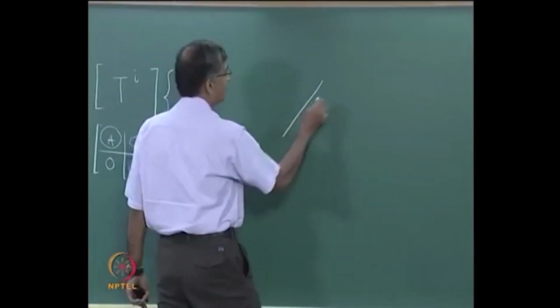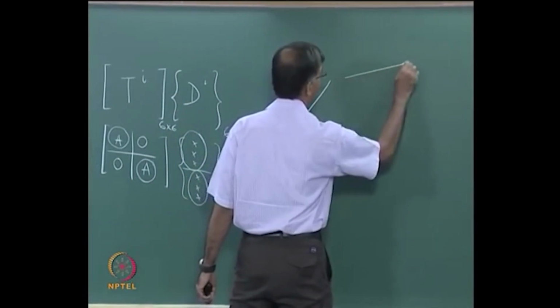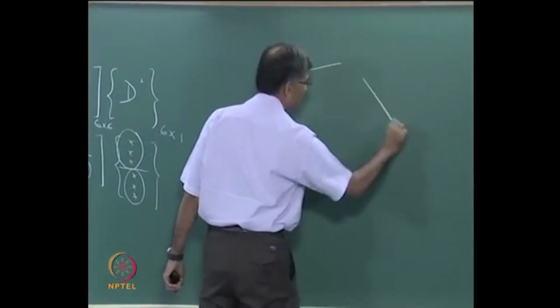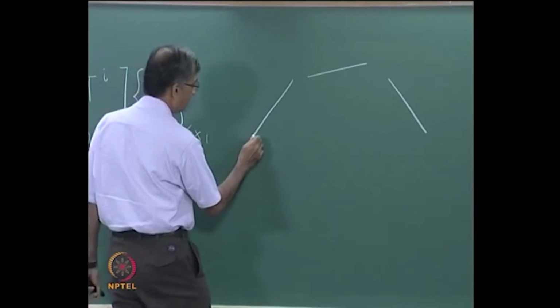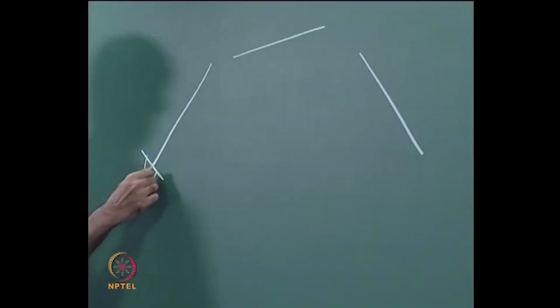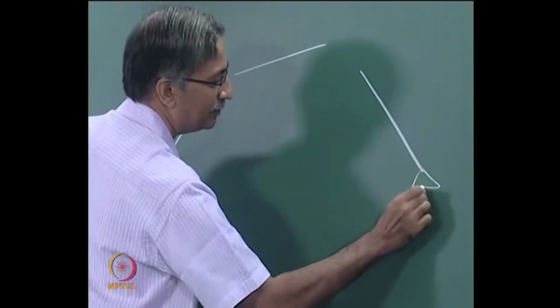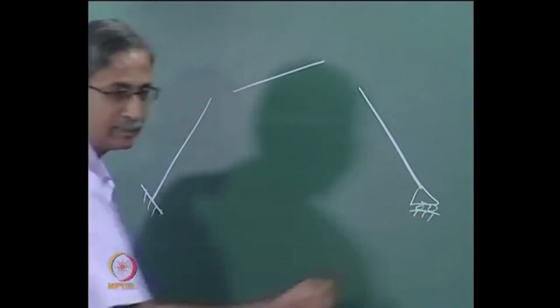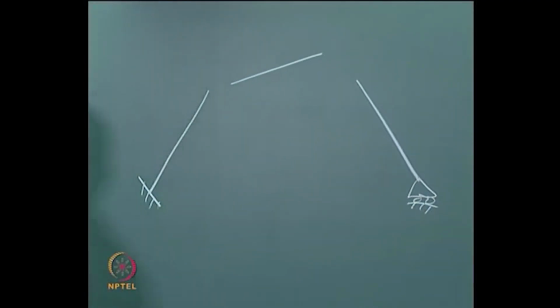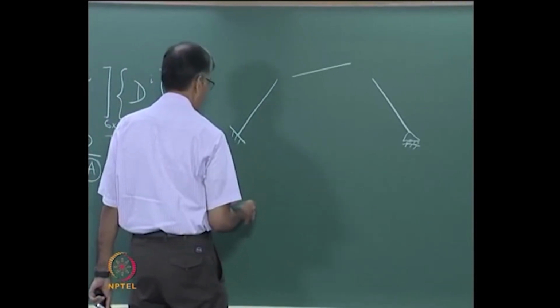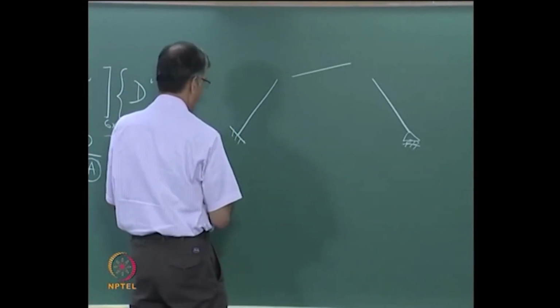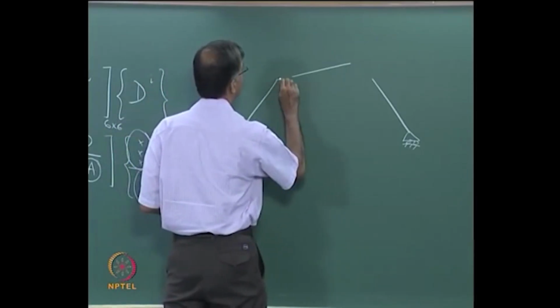Remember, this was our first element, this was our second element, and this was our third element, right? And the structure was fixed here, with a roller here. So let's look at the active degrees of freedom. Why don't I join them?